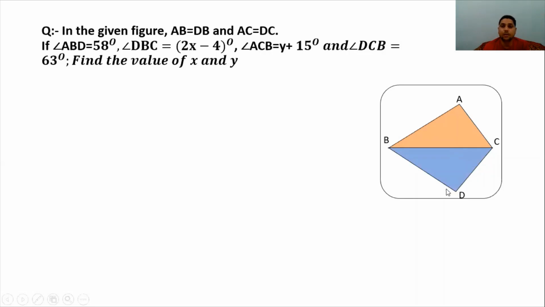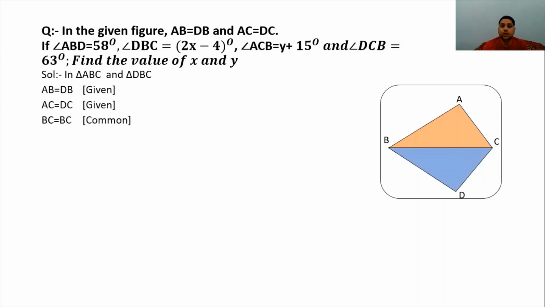We have AB is equal to DB, and AC is equal to DC. Also, this side BC is common. These are the given conditions.